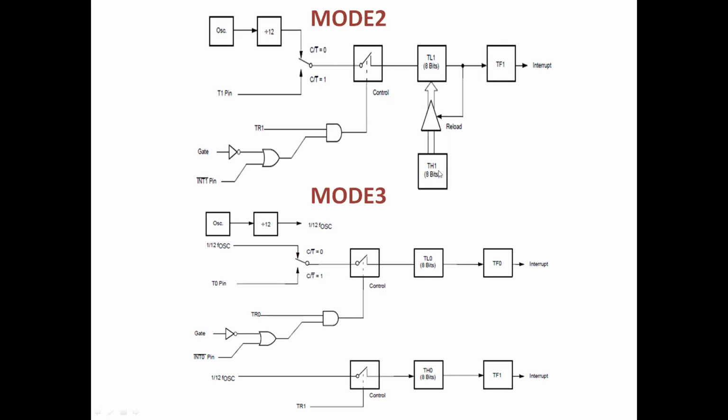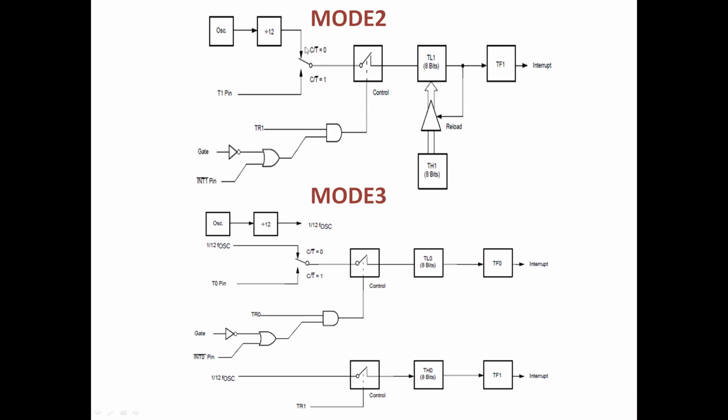Suppose you are loading a value of 90 here, and the timer overflows, meaning all bits become ones. For the next clock pulse, it would have to start from 0. Instead of starting from 0, this 90 will be loaded here and it starts counting from 90, 91, 92 like that. So these 8 bits will be automatically reloaded. That's why it is called 8-bit auto reload.